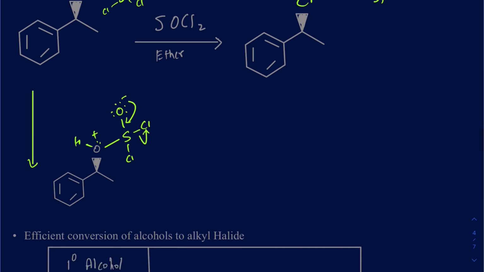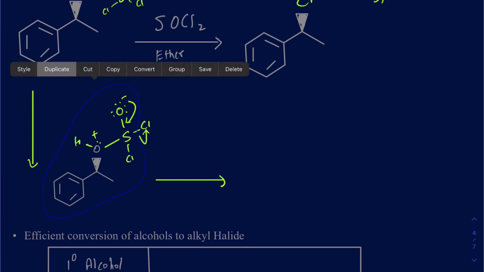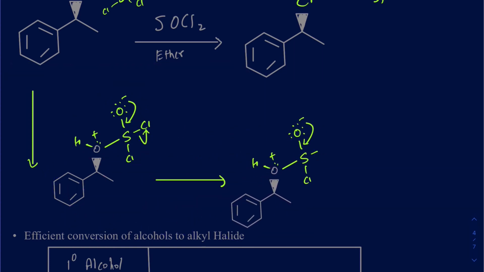And then in the next step, when it comes back, you knock out that chloride here, and then you end up making... so let me just rearrange this part here.